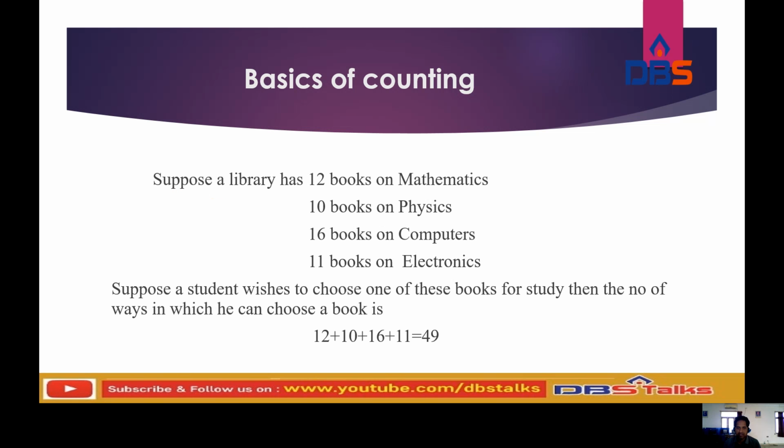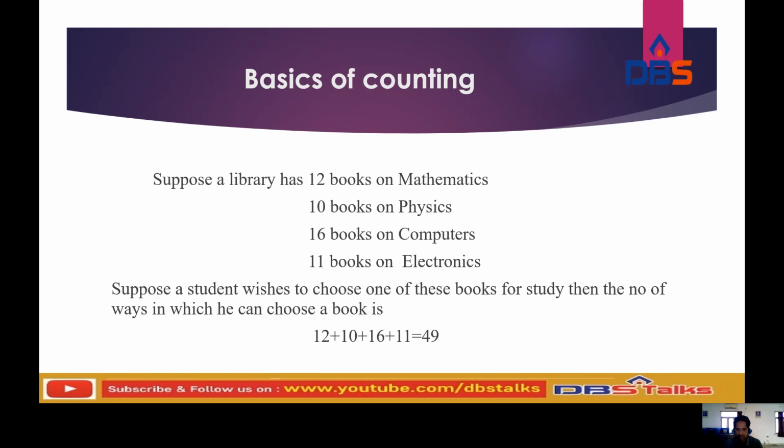See, for example, suppose a library has 12 books on mathematics, 10 books on physics, 16 books on computers, and 11 books on electronics. Suppose a student wishes to choose one of these books for study, then the number of ways in which he can choose a book is 12 plus 10 plus 16 plus 11, that is equal to 49.